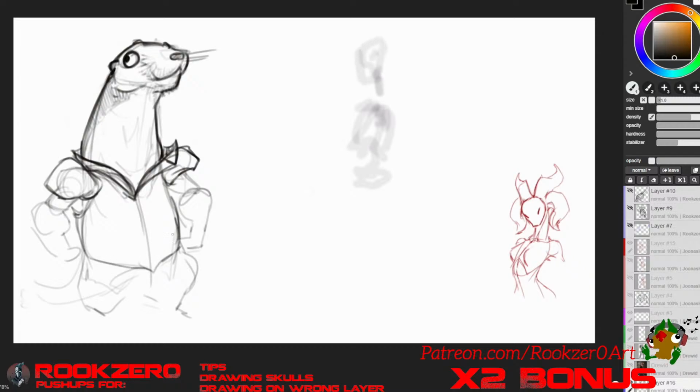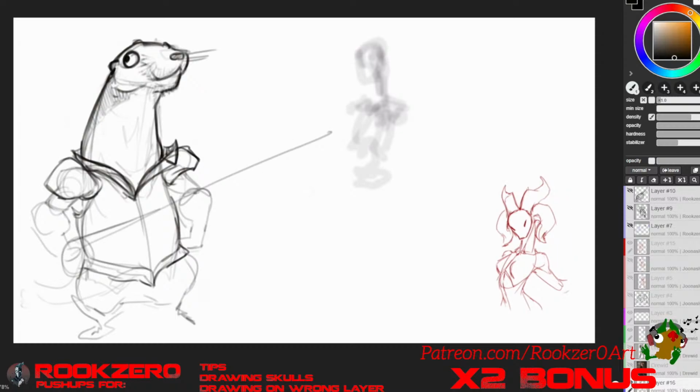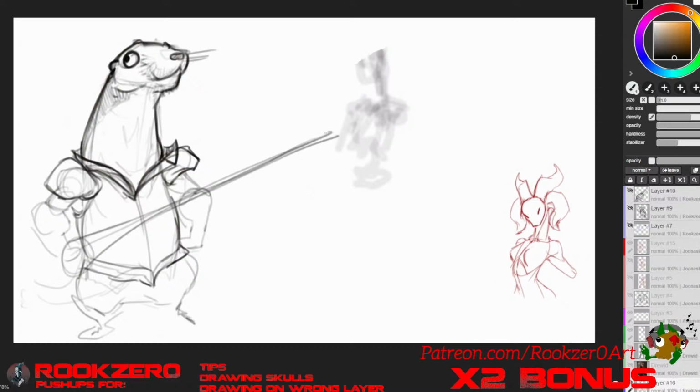We're just hanging out drawing otters for some reason. Sir Otterton. I don't know why otter. I think it would just be a lance.